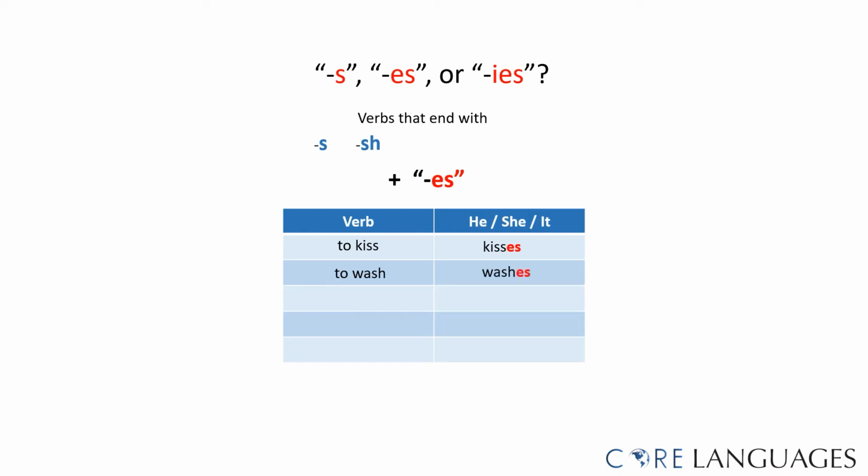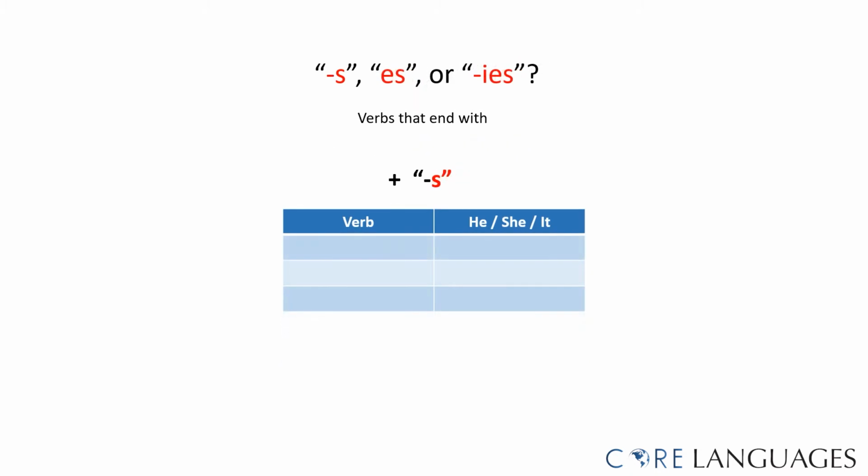He, she, it washes. If the verb ends on ch, like to match, we add es. He, she, it matches. If the verb ends on x, like to fix, we add es. He, she, it fixes. If the verb ends on z, like buzz, we add es. He, she, it buzzes.